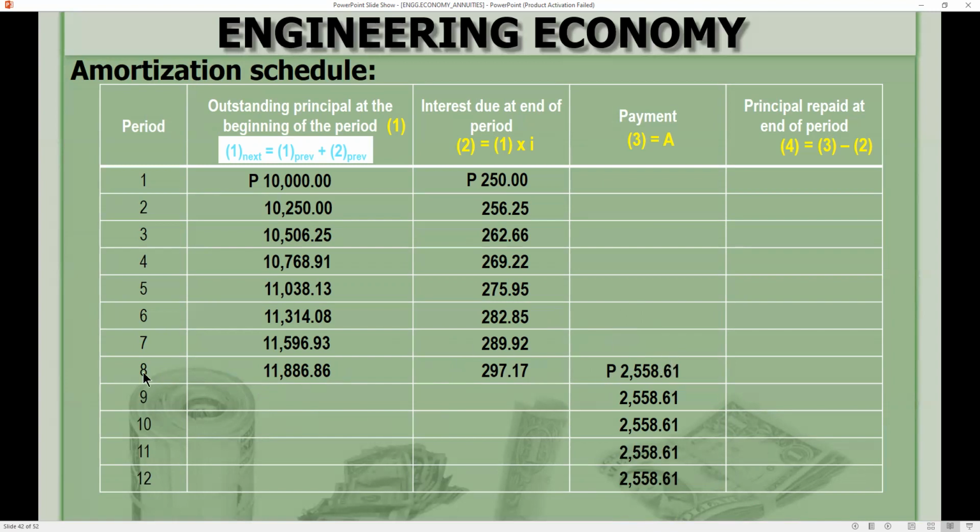For the 8th period, you now have a payment of 2,558.61. Again, a portion of this payment is for interest, so you subtract the interest from it. What is left is the amount you repaid on the principal. Your principal is 11,886.86, it is no longer 10,000, because after 2 years you accumulated interest, so the 10,000 becomes 11,886.86. And the repayment is 2,261.